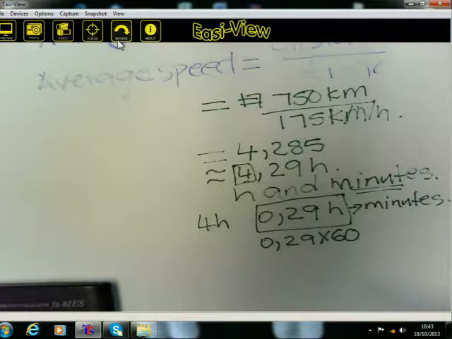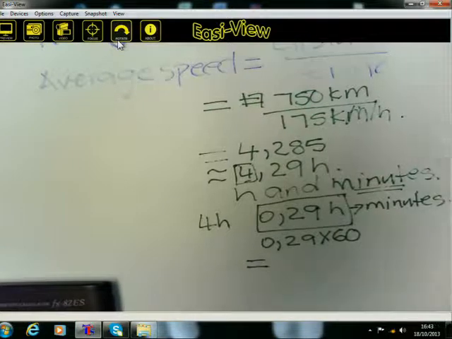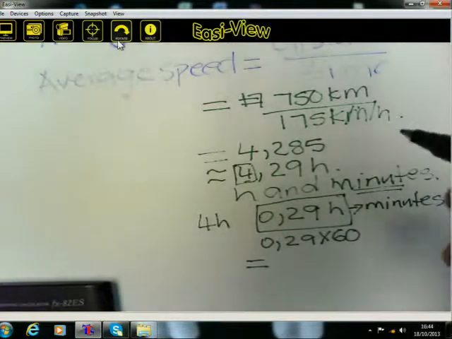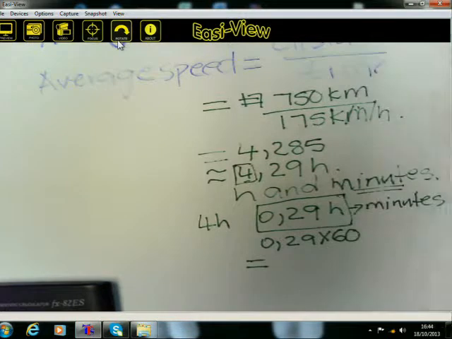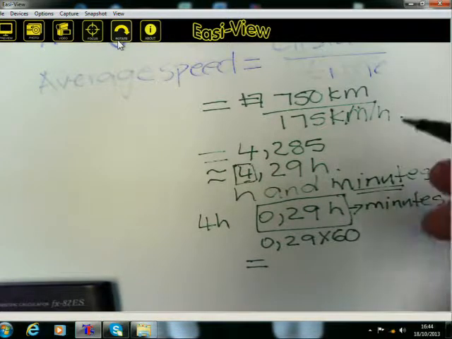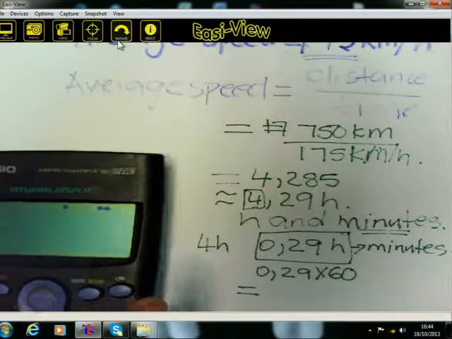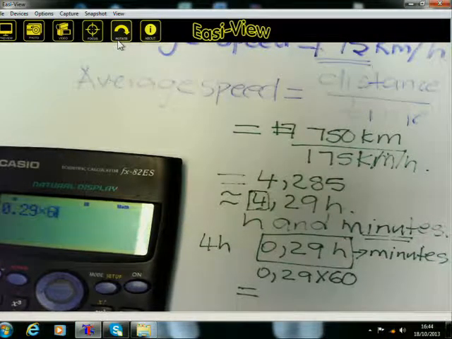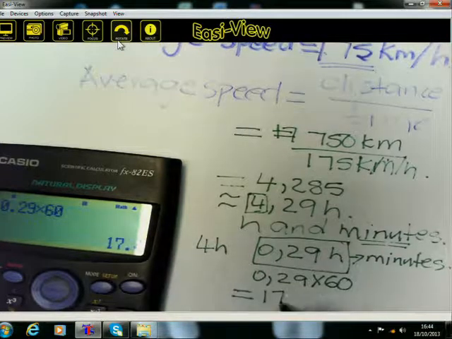We are multiplying by 60 because we are converting from hours to minutes. Remember, conversion is important. From first paper to second paper, you are going to convert. Therefore, you must know your conversions. So 0.29 multiplied by 60 equals 17 minutes.